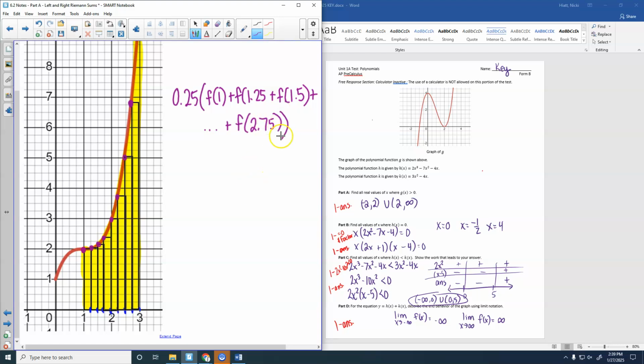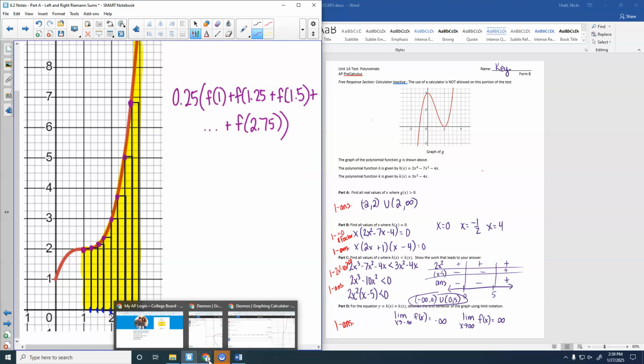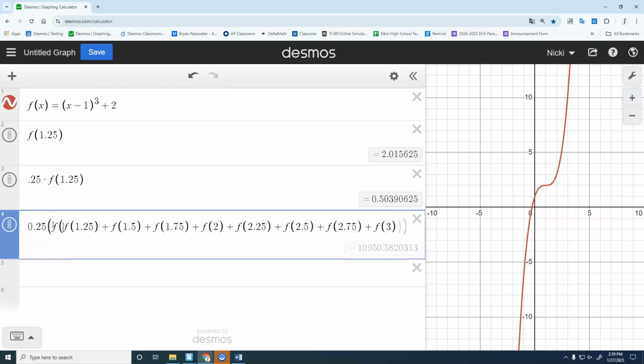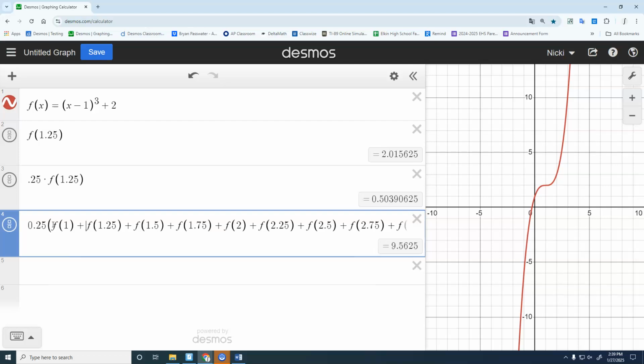We'll type that into the calculator. Since we already had that in Desmos, I can put f of 1 right here, add that one in, and take this last one off because we don't need the f of 3, and that will give me my answer.